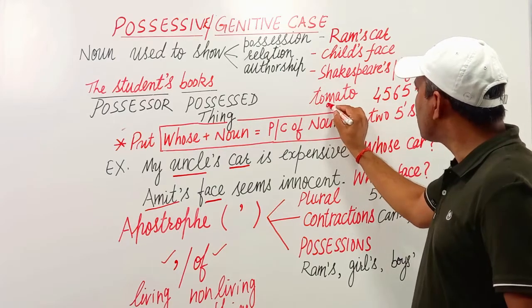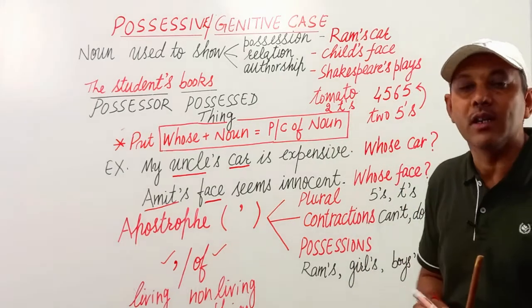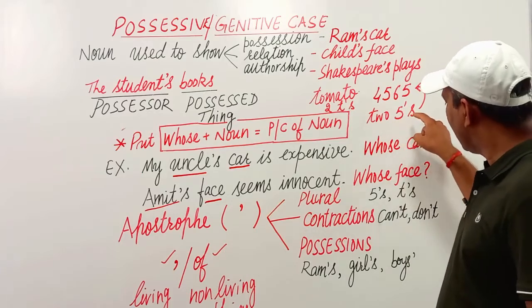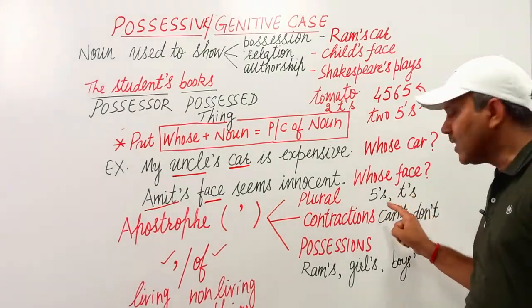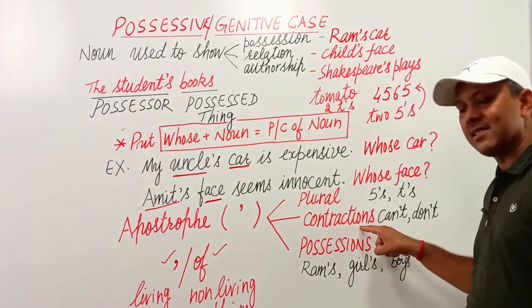There are two T's in the above word. We can say like this. When we make plural of digits or letters, we use apostrophe s to make them plural. Next is contractions.